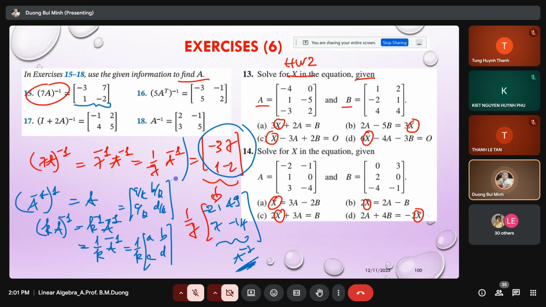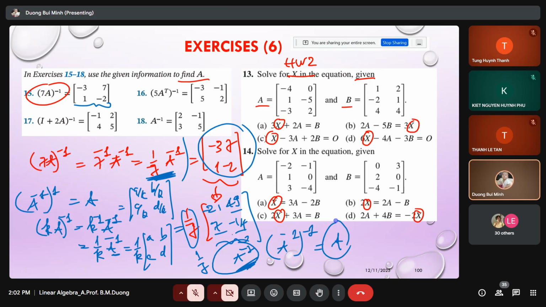I would like to modify it to become 1 over K times inverse of A. If I take 1 over 7 outside here, you get minus 21, because 1/7 times minus 21 you get minus 3. And this is 49, this is 7, and this one is minus 14. So this one is 1/7, and here must be the inverse of A. So when we take the inverse of A, you get A.